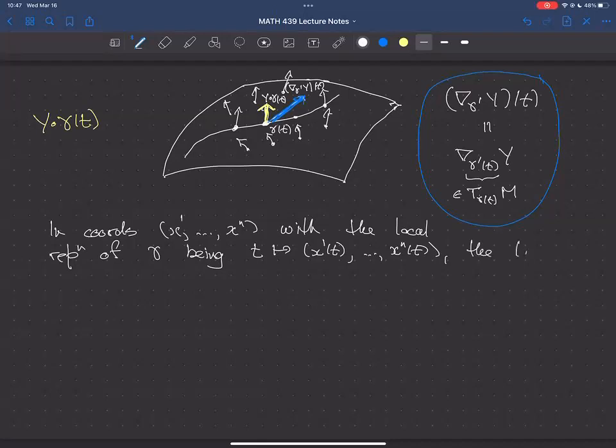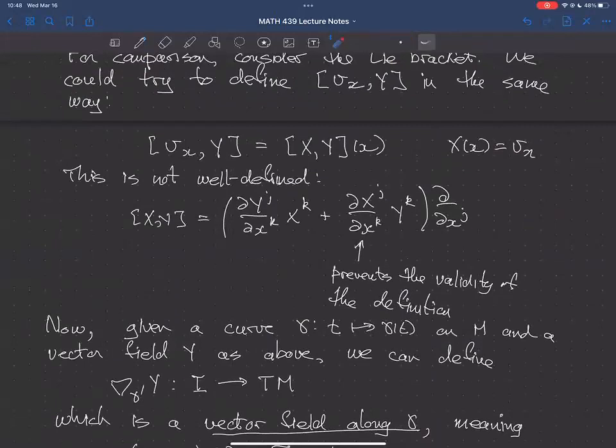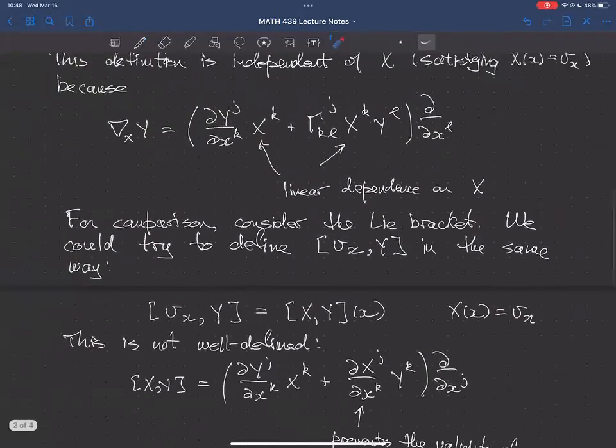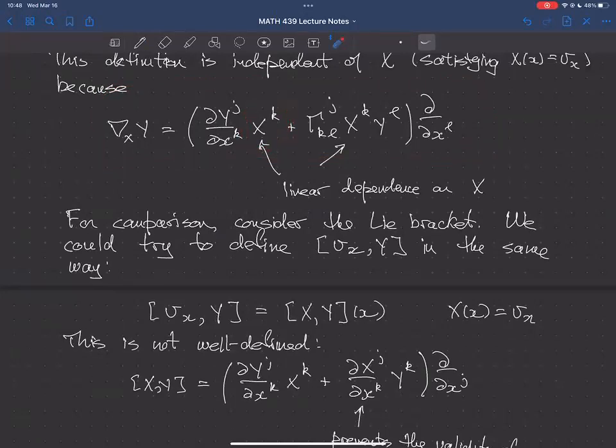The local representative of nabla gamma prime y is, okay, and so I'll be right back, sorry. Okay, so it's this formula that I have up here, and the only difference is that x is replaced with gamma prime.